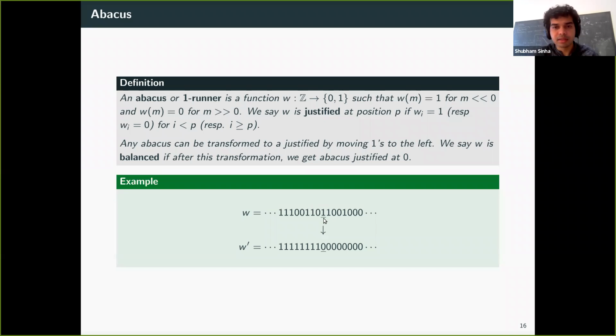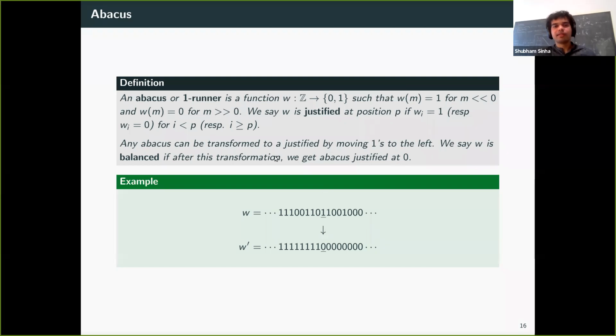Here the underscore will always mean position 0 for the function, and that gives you the description of the function when you write it in this form. And since it stabilizes after some time, you just have to write finitely many of them.